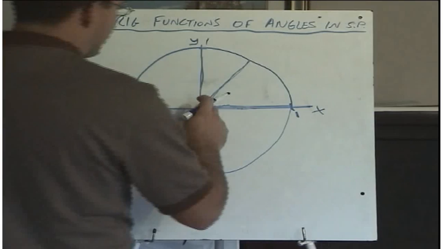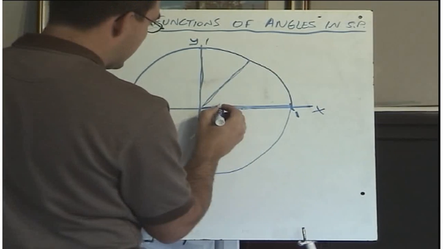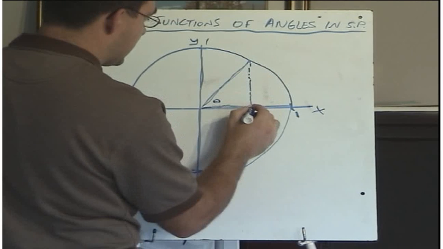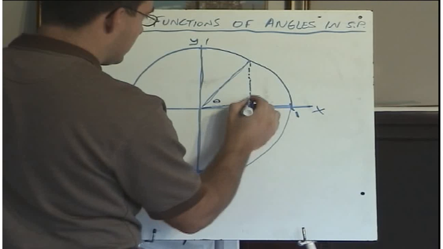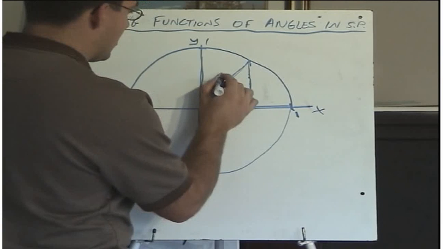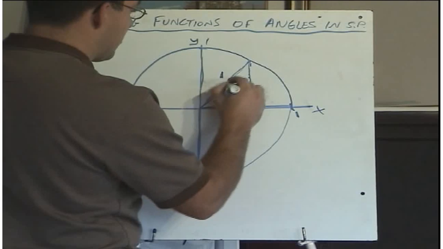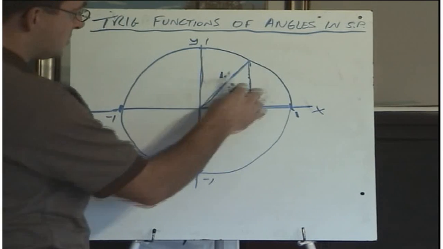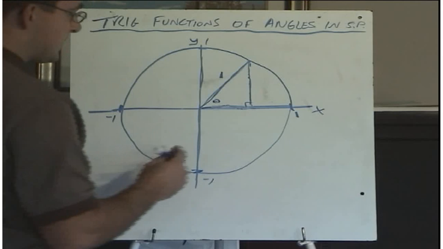Here would be its terminal arm. So here's angle theta. If I drop a perpendicular down here, then I've made myself a right triangle, and I can talk about what the sine, cosine, and tangent ratios would be. We know that this hypotenuse will be 1 because this is a circle of radius 1. So our hypotenuse will always be 1.